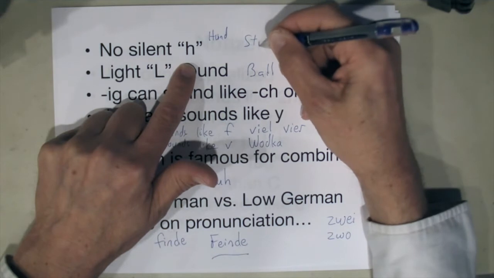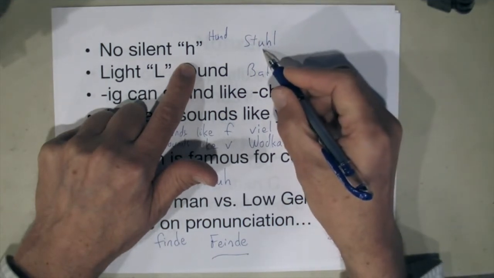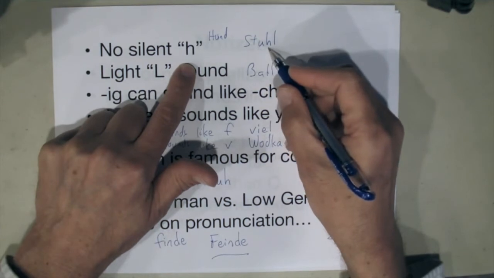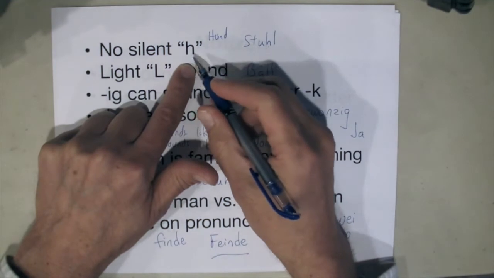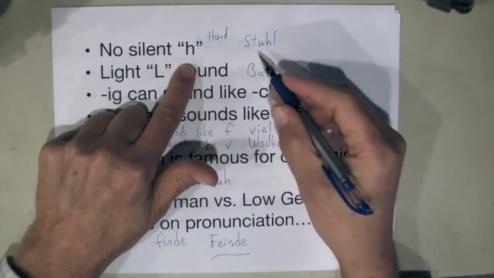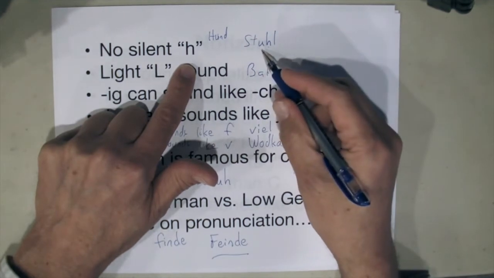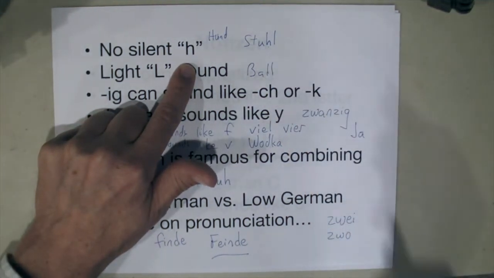Stuhl is S-T-U-H-L, and the H is simply lengthening the U, and so you don't pronounce this H. I should have clarified that better on my notes here. But that is the truth. The H here is simply lengthening this U to get it a nice Stuhl. So, there's my explanation.